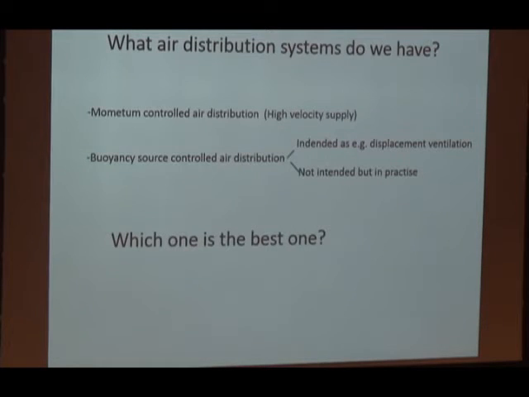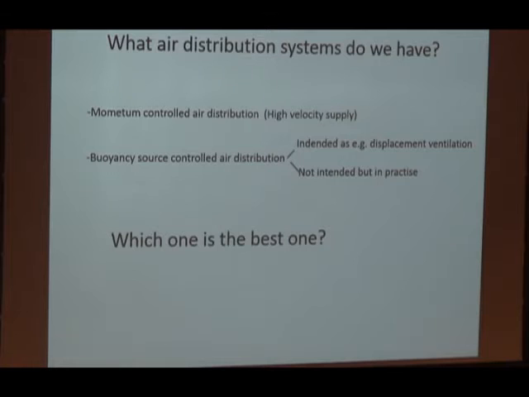And for this system, there are two sorts. One is really intended to work as governed by buoyancy sources. That's, for example, displacement ventilation. But many systems do work in practice like this. The airflow inside the room is controlled by the buoyancy sources. So that's a very broad classification of systems.